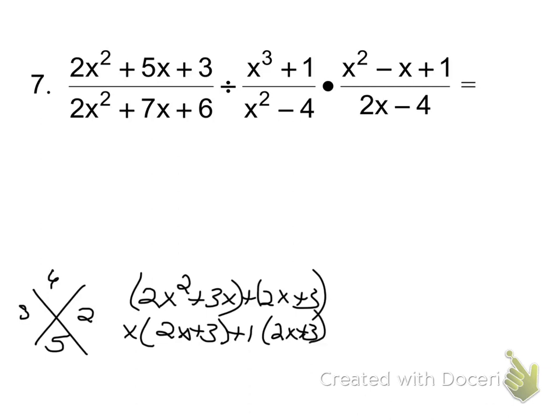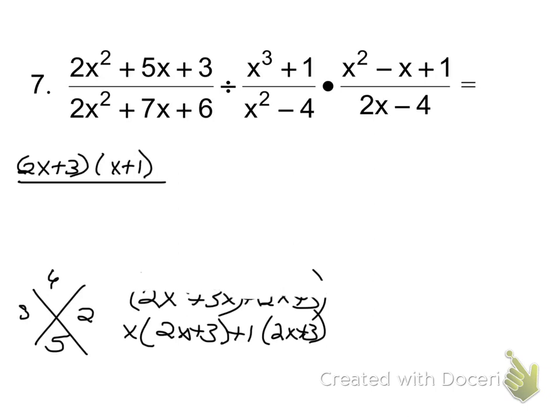And I'm doing this in a hurry just because I want to show you the work, but you can slow it down if you need to. So this first numerator is going to factor as 2x plus 3 times x plus 1. Okay.